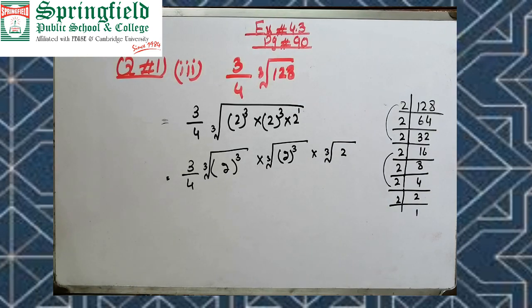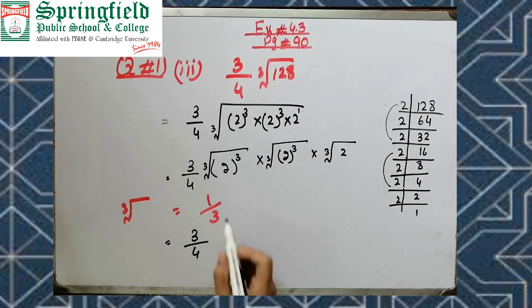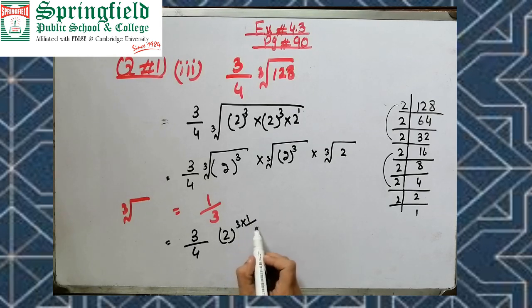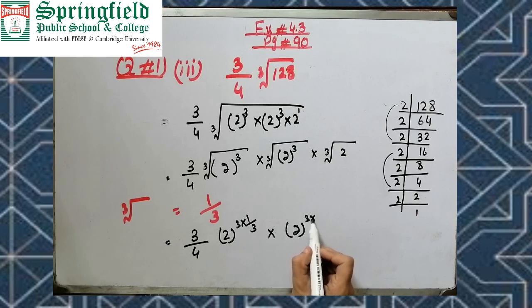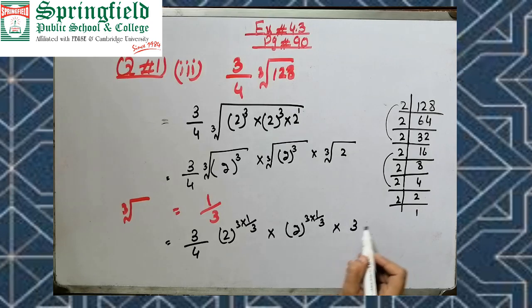And as we know that the value of the cube root is 1/3. So 3/4, put the value of the cube root and it can be cancelled directly. Remove the cube root and write down the value, and this number will be written the same.